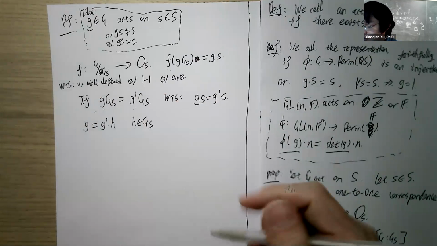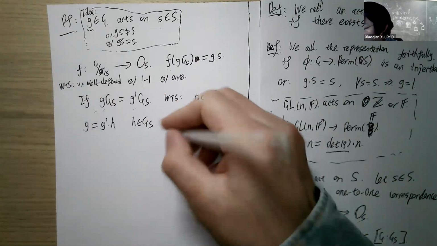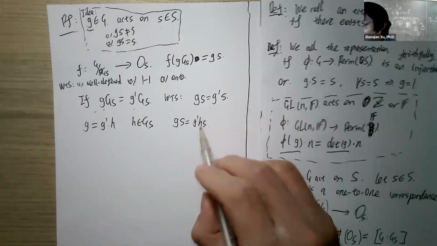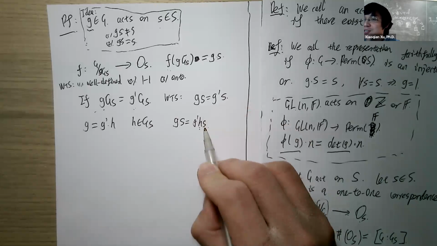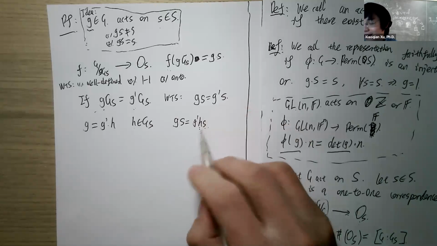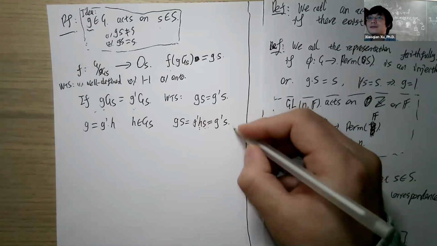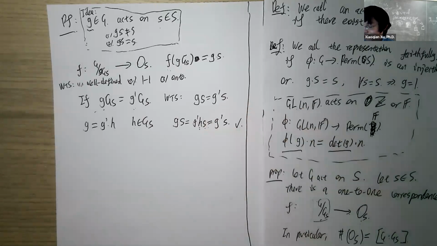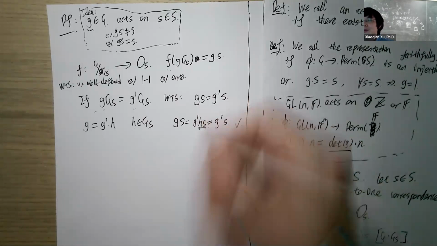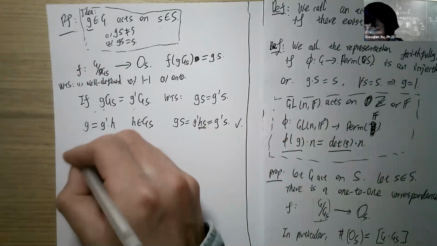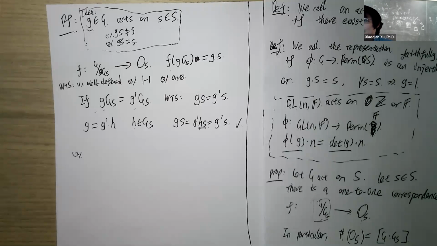Then gS equals g'hS, with the proposition that h acting on S doesn't change it. It actually fixes S. So it's well defined. Remember, this G_S is actually the stabilizer, so it doesn't change your S. So this is the well-definedness of this map.